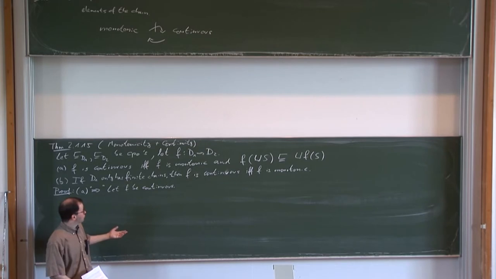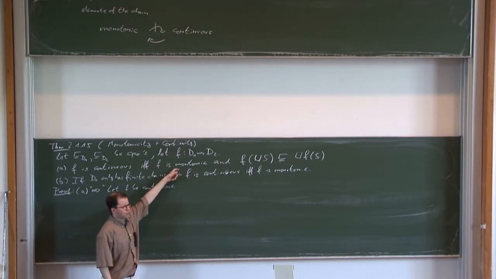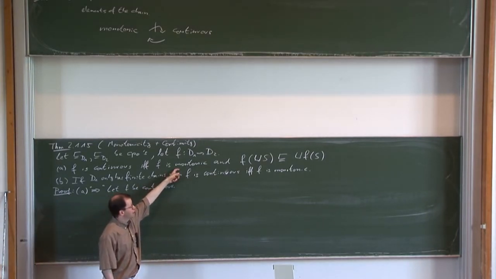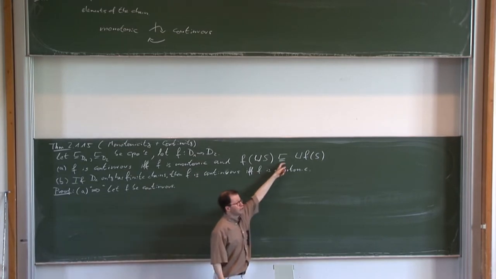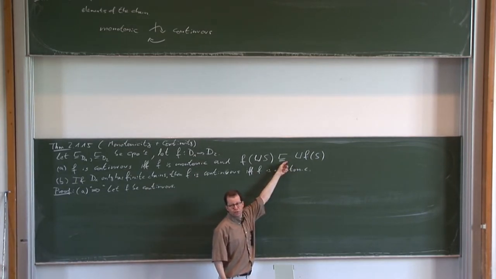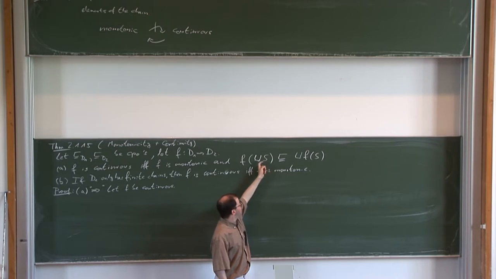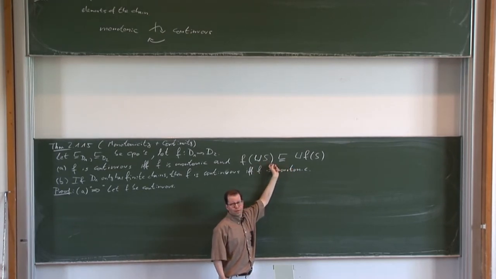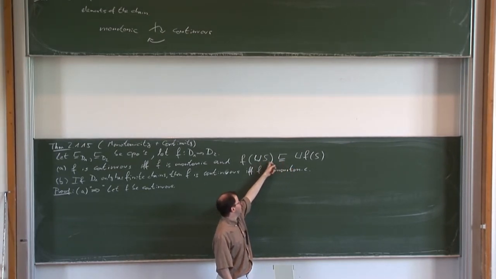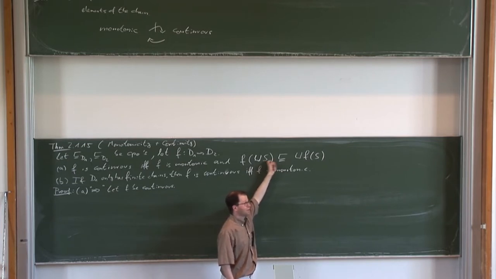Now we have to show two things. We have to show that f is also monotonic, and moreover that this relation holds. Now this relation is trivial because continuity means that these two things are equal. If they are equal, then this is also less defined or equal than that.